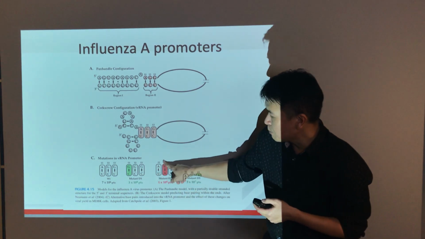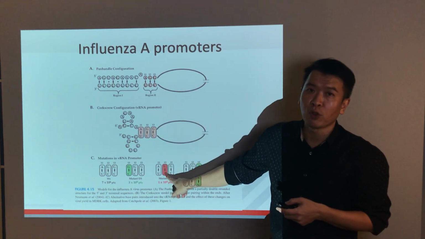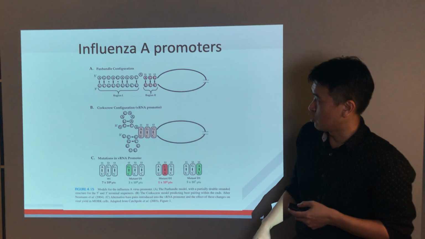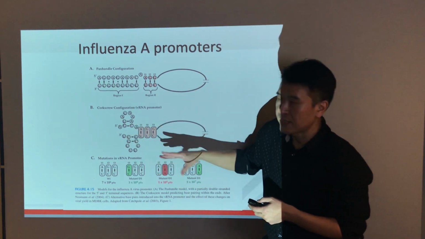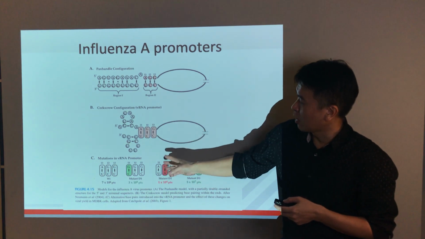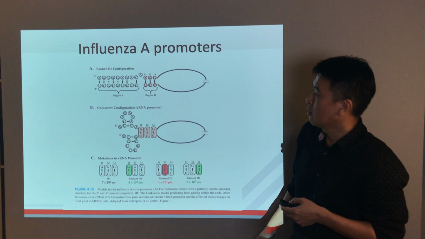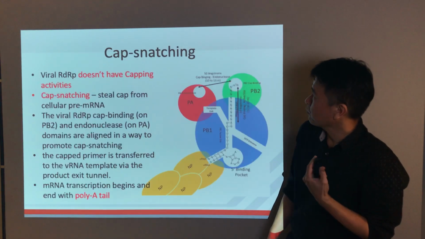So they show that the positions of these 3 nucleotides are extremely important for virus replication. This basically just shows you where the promoter sequence is located, and that it is very important for virus replication.